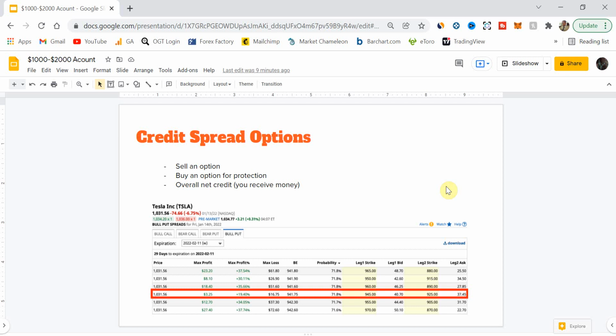But effectively what you're doing with credit spreads is that you are selling an option, therefore you're going to bring money in, and then what you're going to do is buy a lower strike option as protection, right? So you're going to fund that buy option or that buy put by using some of the premium that you collected.